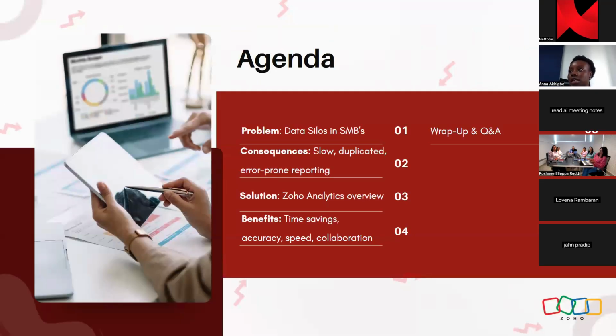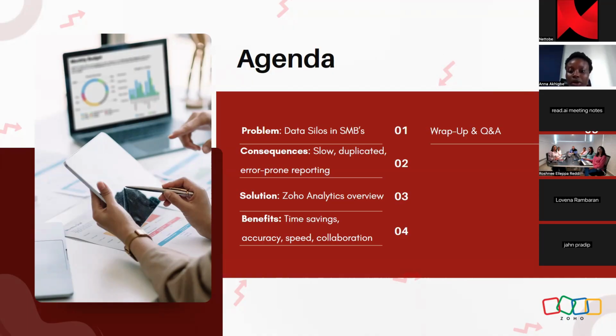So the agenda today is, first of all, to identify the problem, which is data silos in small and medium businesses, and the consequences of such as slow, duplicated, or error-prone reporting. Then our solution, which is Zoho Analytics: a brief overview of what Zoho Analytics is and what it is able to do, and also the benefits of using it.